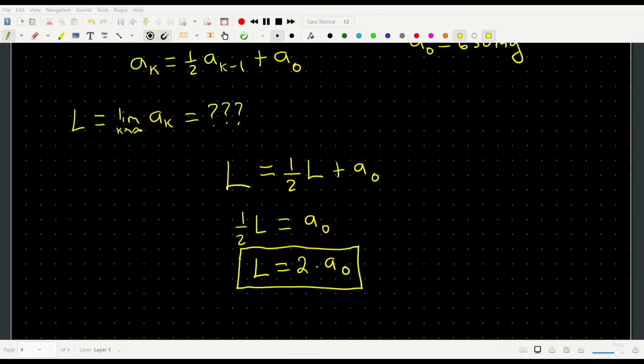So specifically for this problem with the 650 initial dosage, we need to make sure that the danger level is much higher than 1300 milligrams.